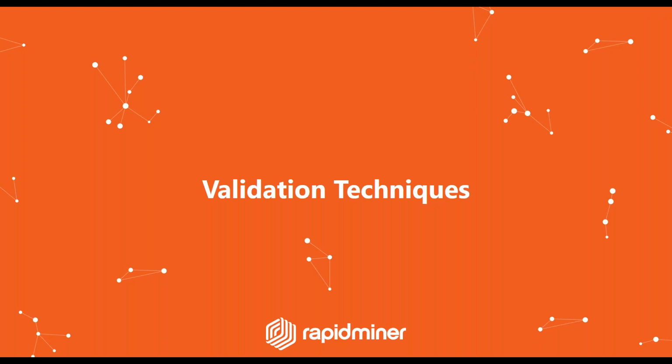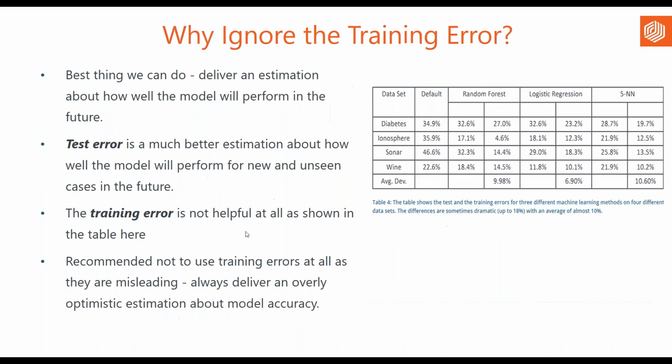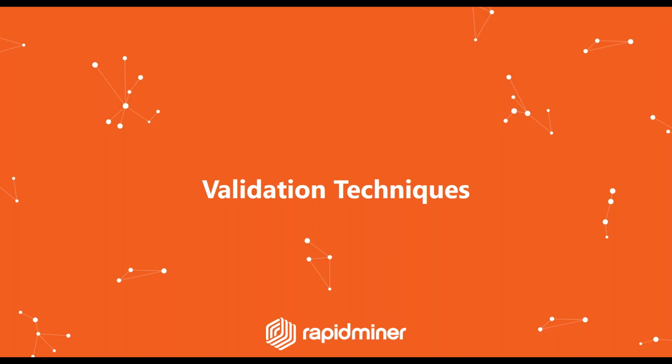To validate our model performance, we understood that training on the same data and applying the model is not the way to go. We need to calculate the test error. But is there a technique to validate this model?